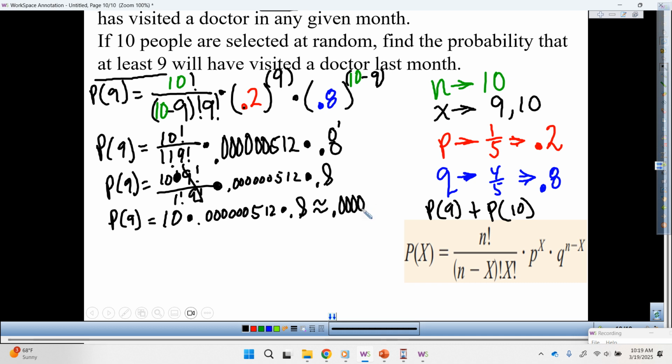Okay, so you guys have the calculators. 5 zeros, 409696. All right. So we got P of 9. Find me P of 10.